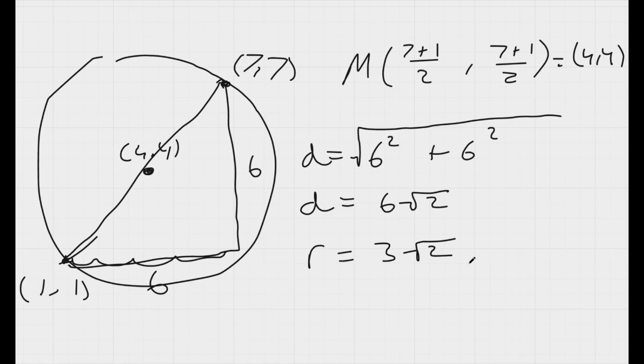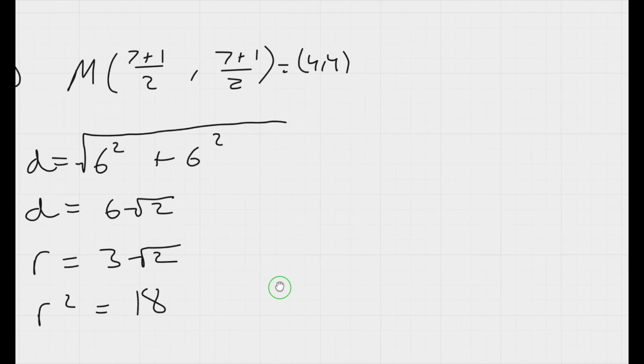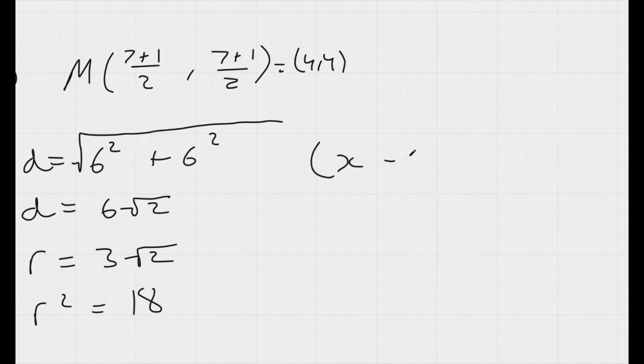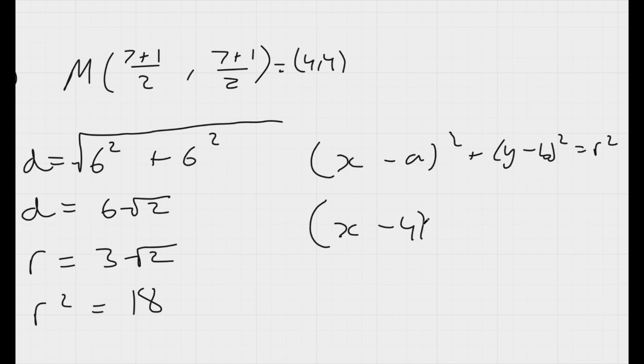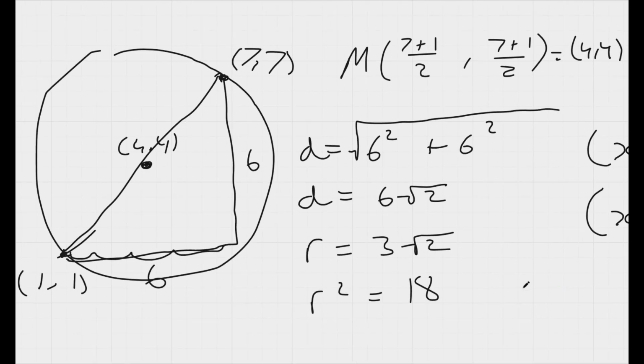Amazing. But in our equation, it doesn't want r, it wants r squared. So r squared equals 3 squared, 9, times root 2 squared, 2, which is 18. So if we put all of that into the equation, we get (x minus 4) whole squared plus (y minus 4) whole squared equals 18. Bam. That's a free question.